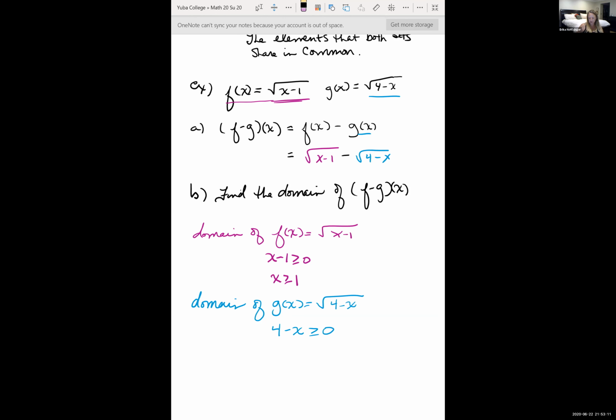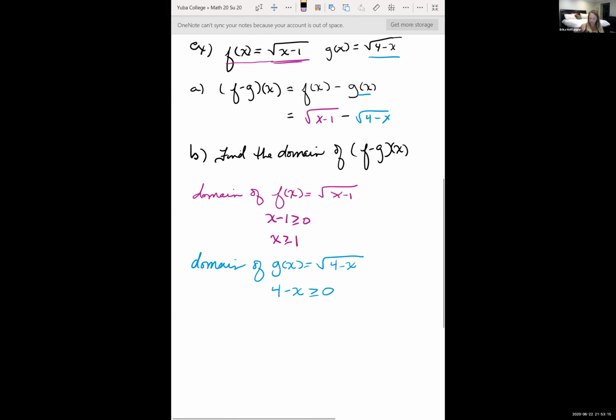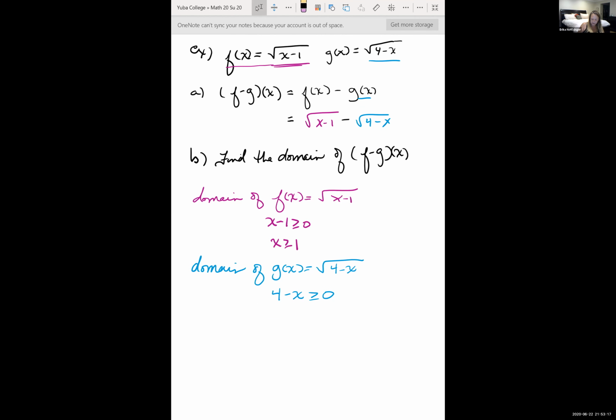We need a positive number or 0 underneath the radical for it to be a real number. So if we add x to both sides, 4 is greater than or equal to x. I'm going to rewrite this so that x is on the left. I just need to be careful with the way my inequality is facing. And so I have x is less than or equal to 4.